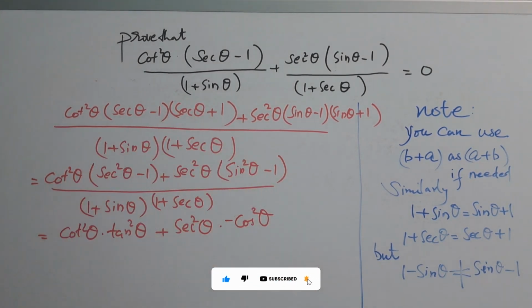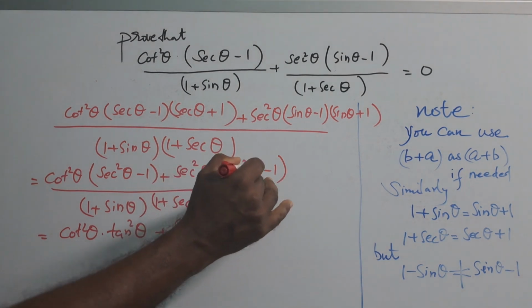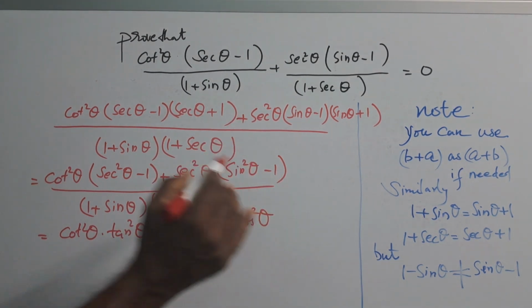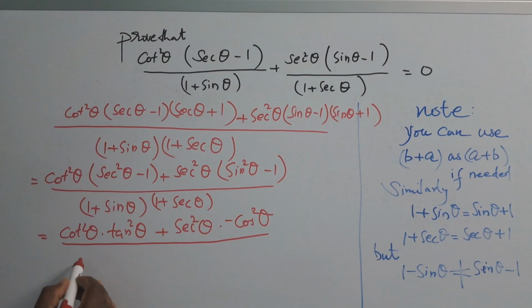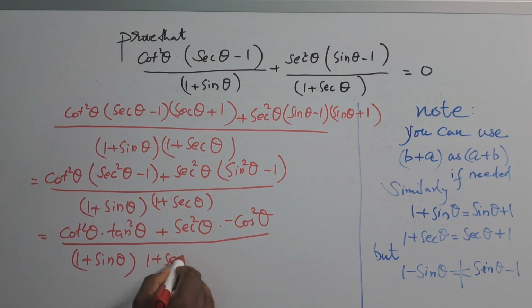I'll explain how it is simplified as cos square theta, by (1 plus sin theta) into (1 plus sec theta).